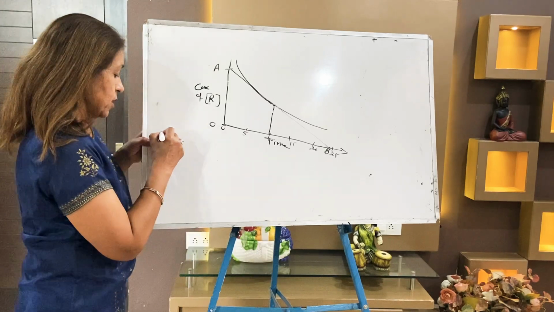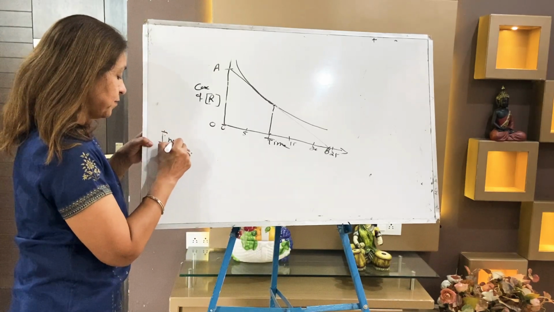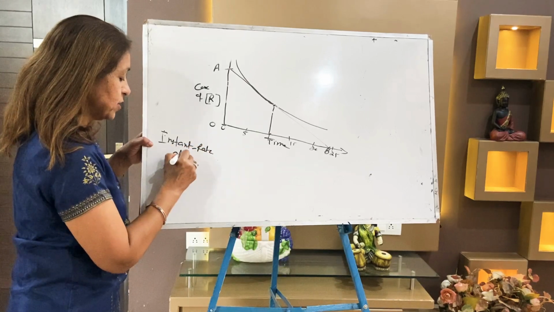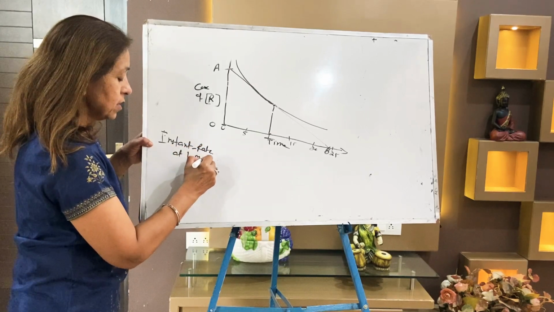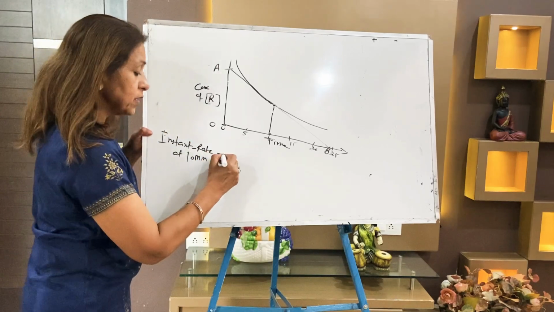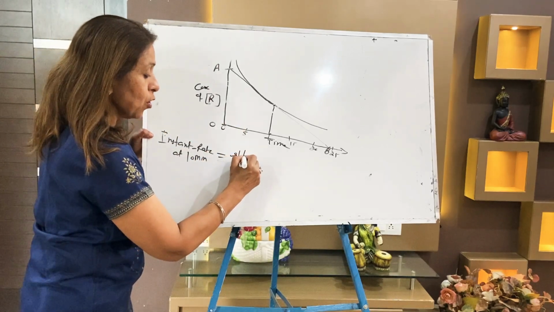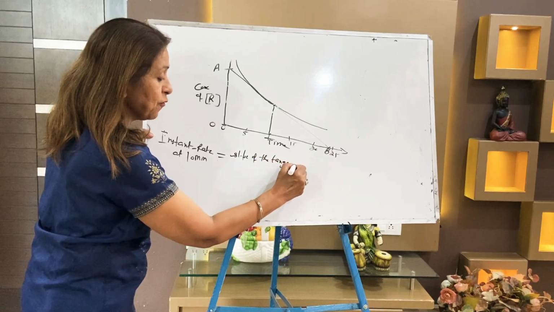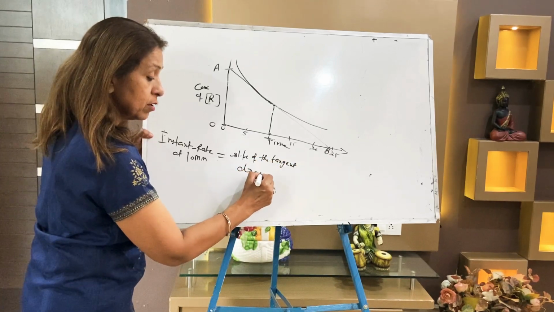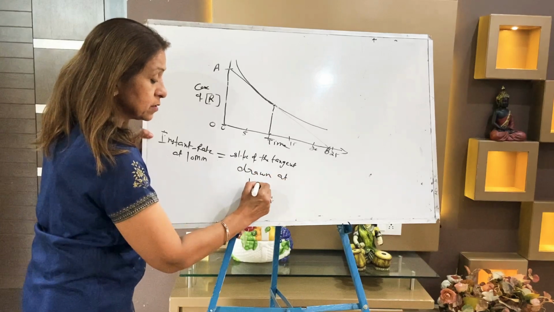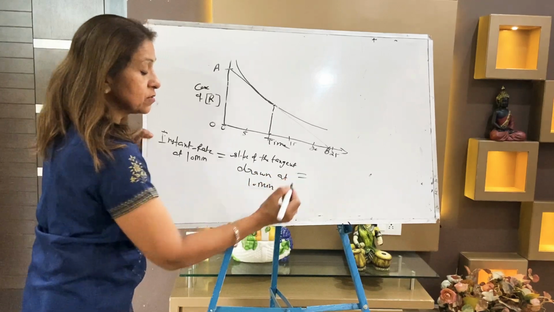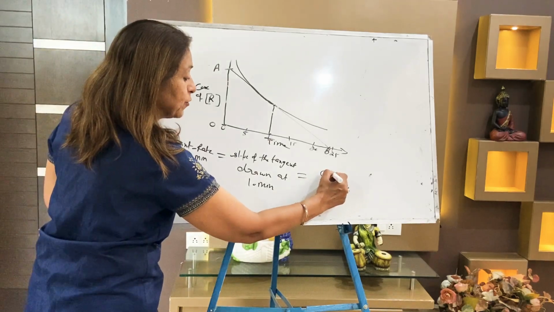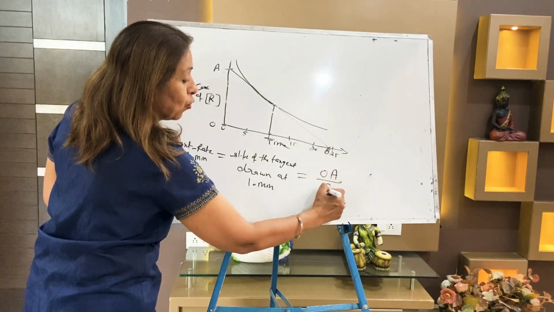Write down: instantaneous rate at 10 minutes is equal to the slope of the tangent drawn at 10 minutes, and that is tan theta, and that will come equal to OA by OB.